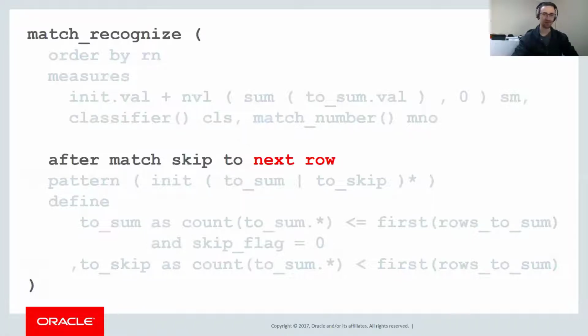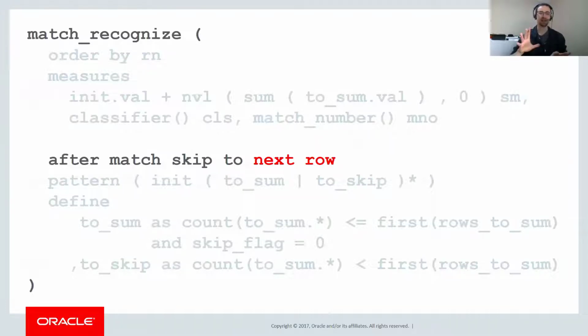If we don't do this, by default we'll run through and bypass rows. We'll end up with some missing running totals. So with AFTER MATCH SKIP TO NEXT ROW, it's very likely you'll process the same row many times. By default, you'll process each row just once. So that's an important thing to be aware of.